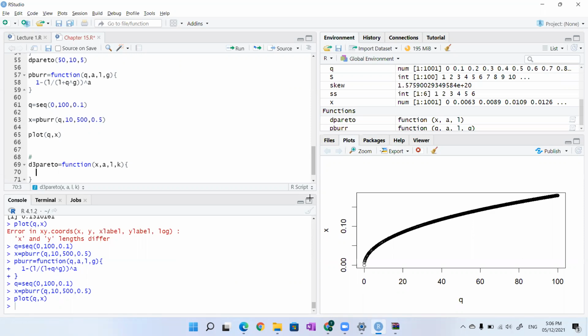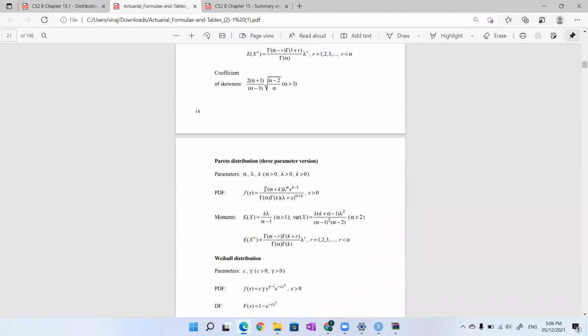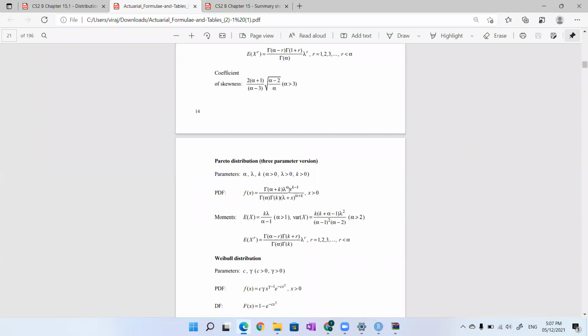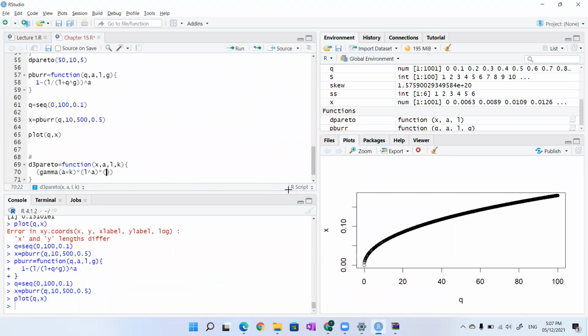So this would be nothing but, let me write in brackets, the gamma function of alpha plus k, multiplied by lambda raised to alpha, multiplied by x raised to k minus 1.